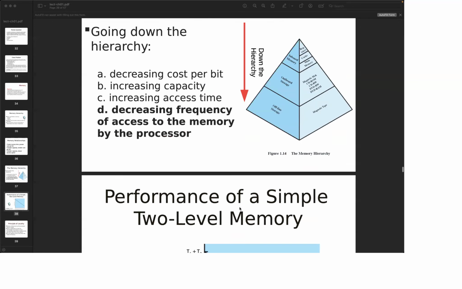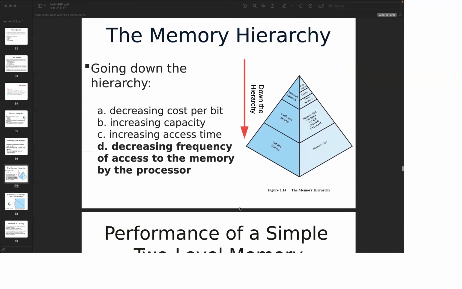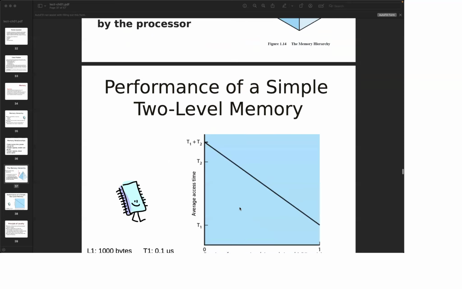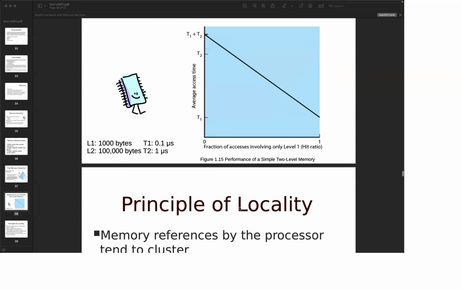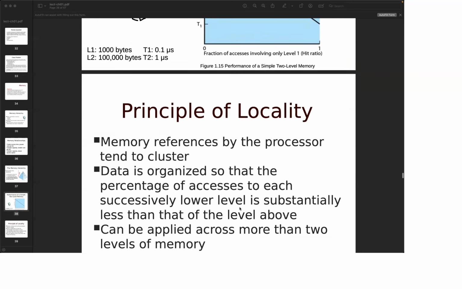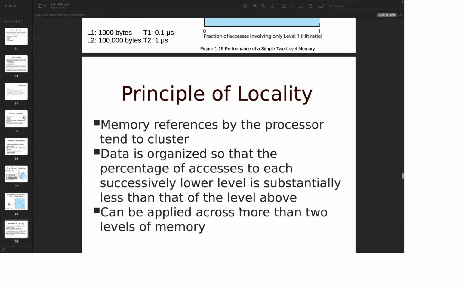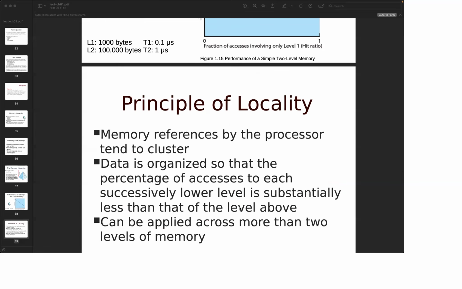Maybe slightly complicated, but just remember this one is for memory access. When we access from the lower speed, say SSD is the lower speed, it will affect the processing time.